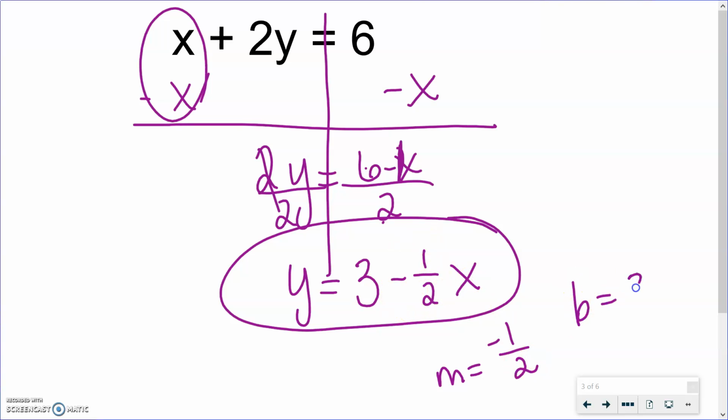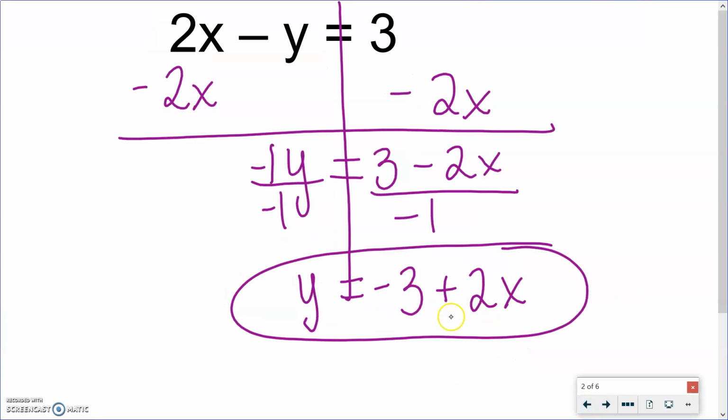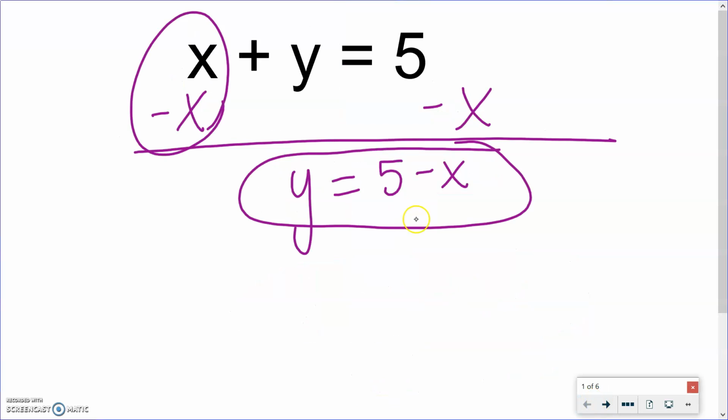And our b would be 3. And then on this one, our m would be 2. And our b would be negative 3. Okay, and on our first one, our m, since there's no number there, remember that's like having a 1. So our m would be negative 1. And our b would be 5.